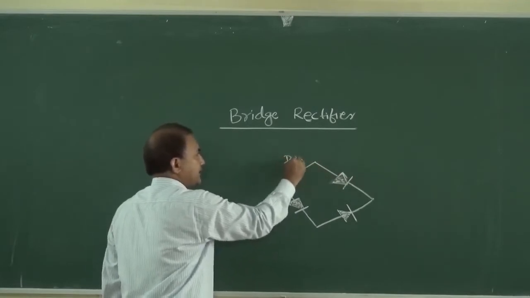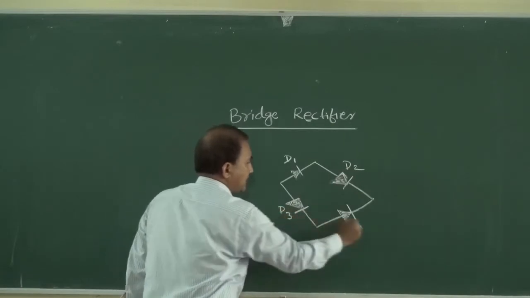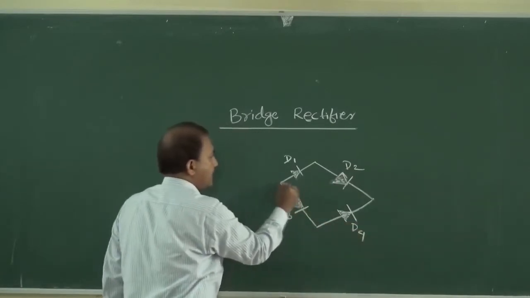Say this is diode D1, D2, D3 and this is D4.